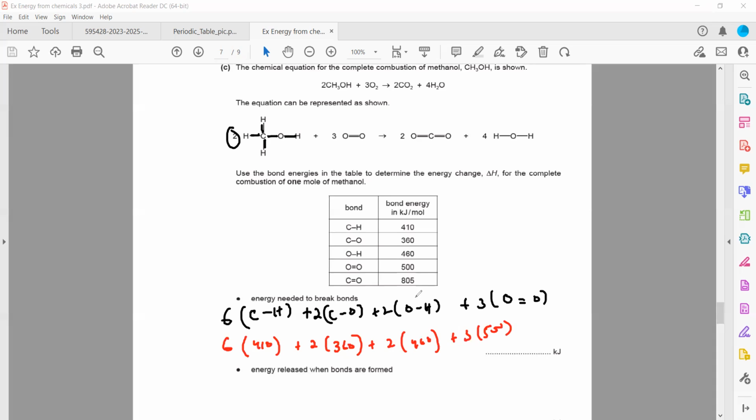We sum to get the bond breaking energy. So the total energy needed to break the bonds is 5,600 kilojoules. It's important that you identify how many bonds are there and the total number of molecules.